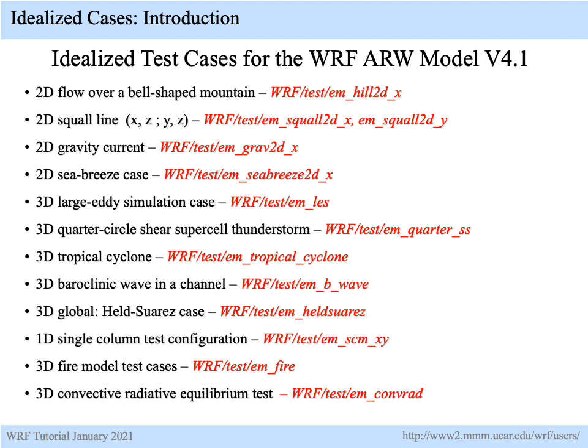There are 1D, one spatial dimension, vertical test cases, 2D, which is a horizontal and a vertical dimension, and 3-dimensional test cases. In the following slides, we're going to look in detail at the Hill 2D test case, and we'll present results and specific configuration notes for some of the other test cases that are available in this release.